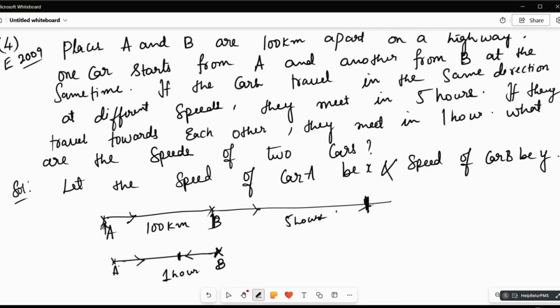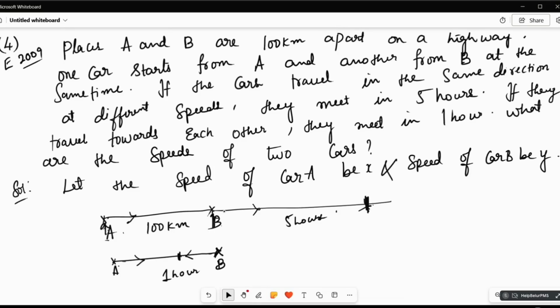In the first condition, the car A speed will be more than B. Because for A to meet B at the same point, car A has to travel faster than B, and car A has to travel a distance of 100 kilometers more than B.